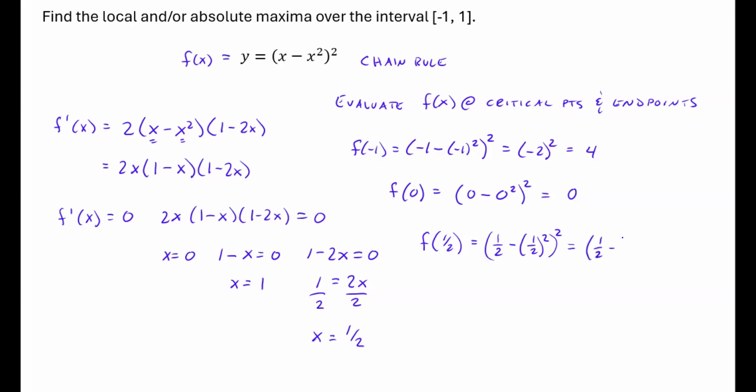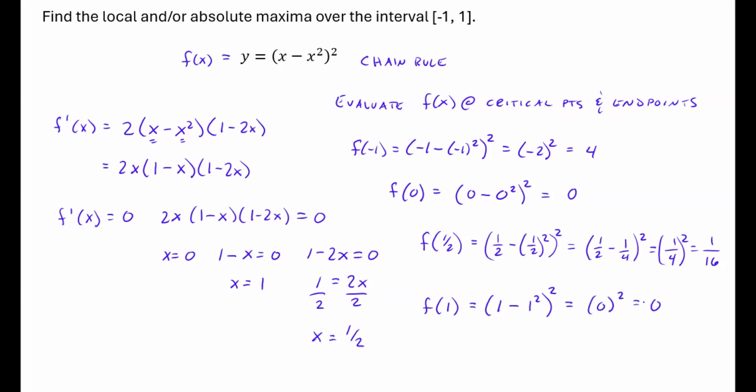So we've got 1/2 minus 1/4. That whole quantity squared. This will give us (1/4) squared, which is 1/16. And our last x value here, we'll do f of 1. This will give us 1 minus 1 squared, that whole quantity squared. 1 squared is 1. 1 minus 1 is 0. This will give us 0 squared, which is just 0.